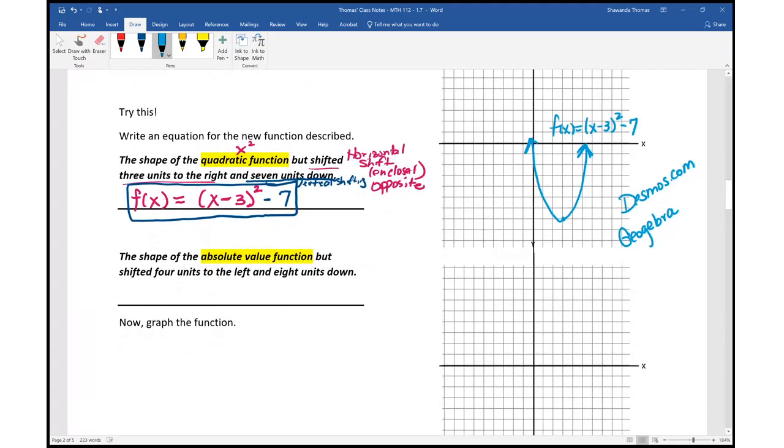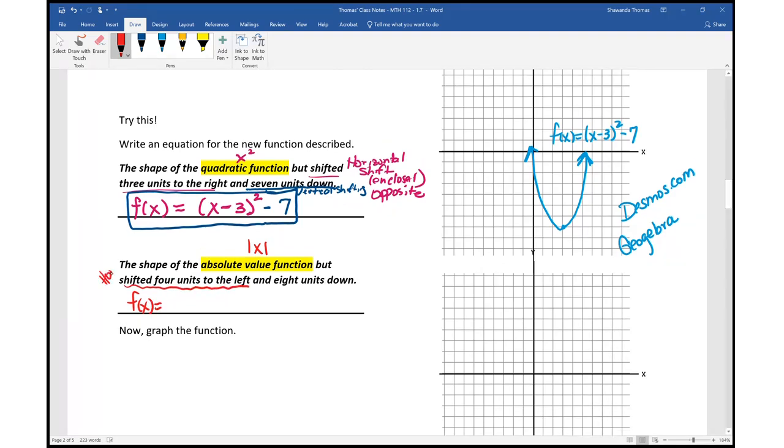The shape of the absolute value function. First of all, we know the absolute value is these vertical bars. So f of x equals vertical bars, but shifted 4 units to the left. Again, that's horizontal shifting, and it's going to be enclosed, and it's going to be opposite of what you think it's supposed to do.